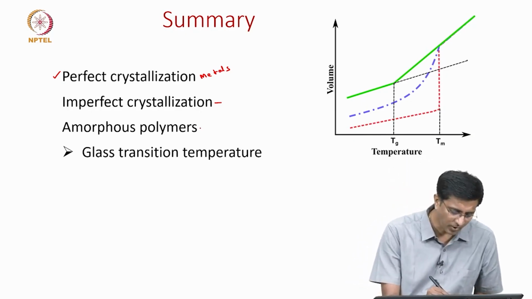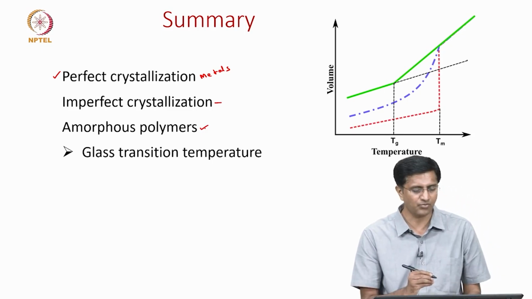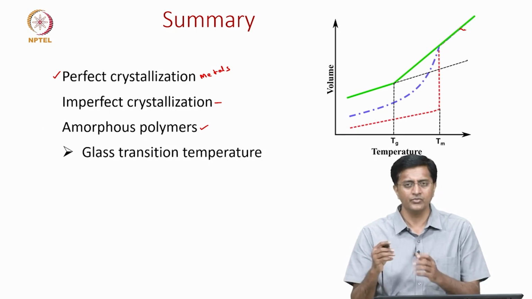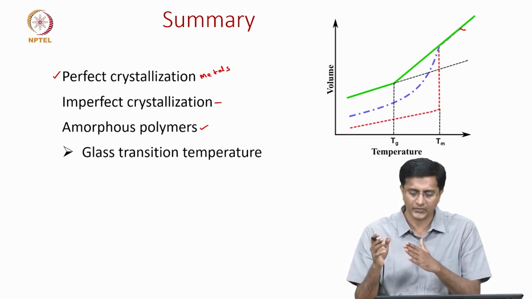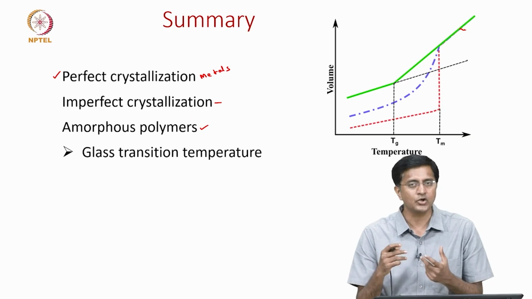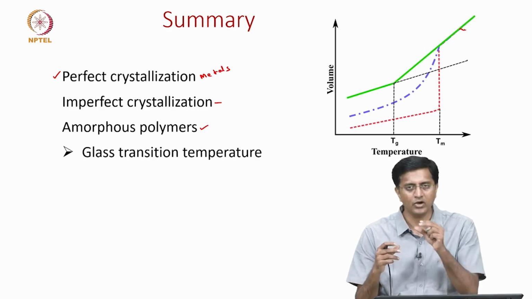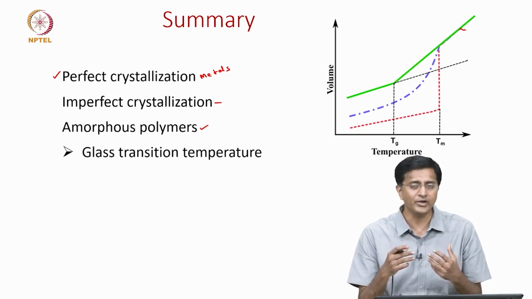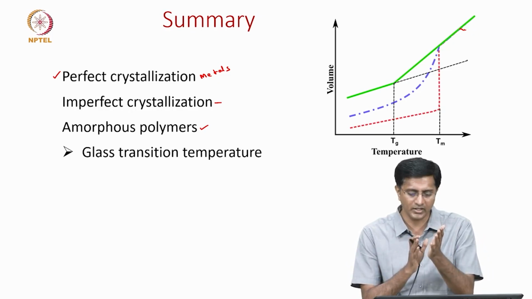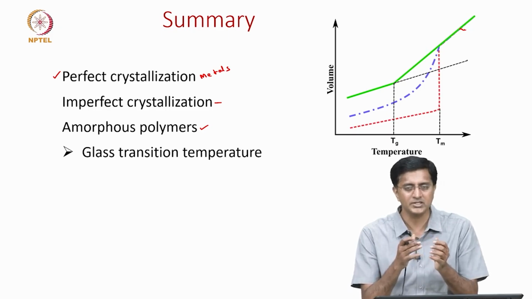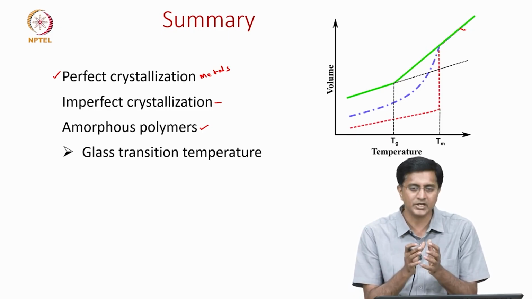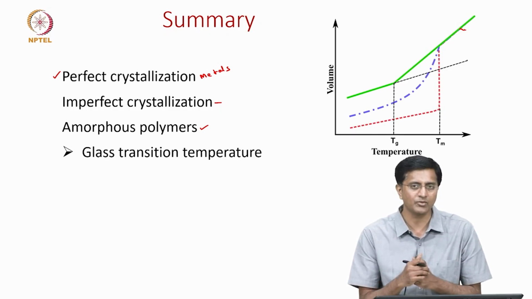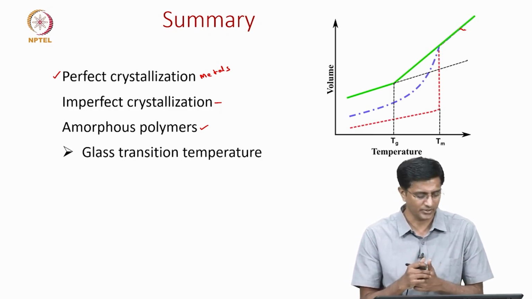And lastly we said there are polymers which take an amorphous form, like the one shown here in green, where, through this concept of free volume, we said the free volume decreases as we decrease the temperature, and then it reaches a point where the free volume is negligible, where the movement of the polymer chains is restricted, and then the secondary bonds form which give the solid behavior or good mechanical properties of an amorphous solid.